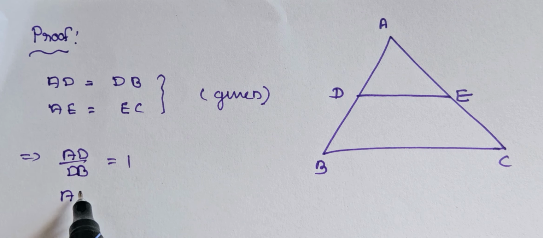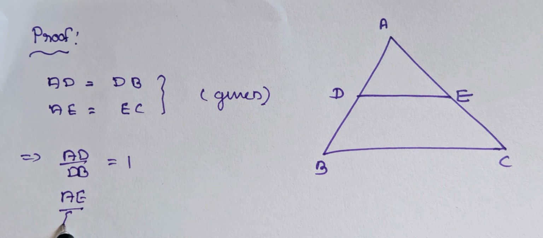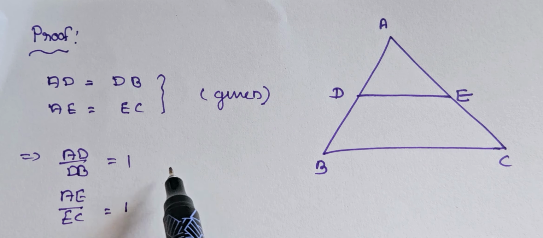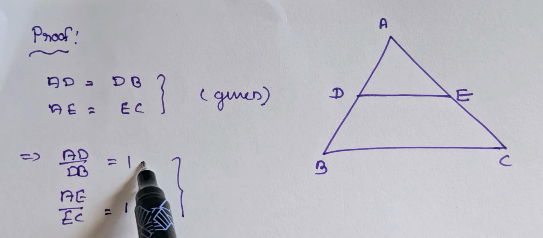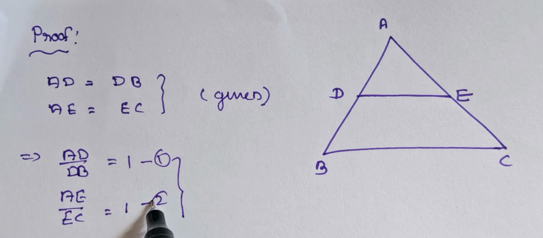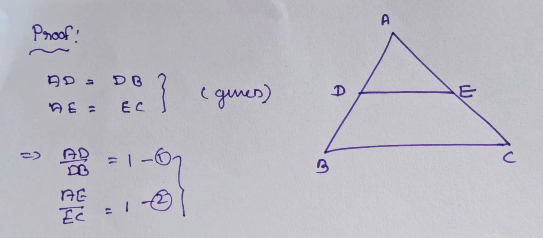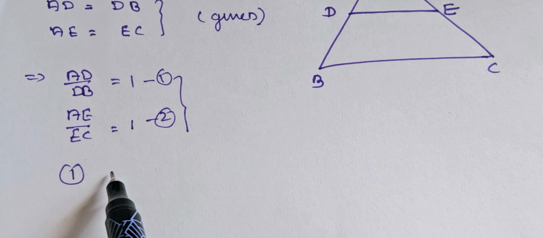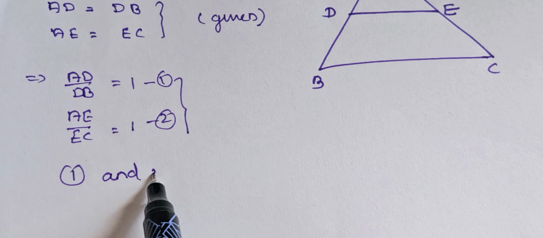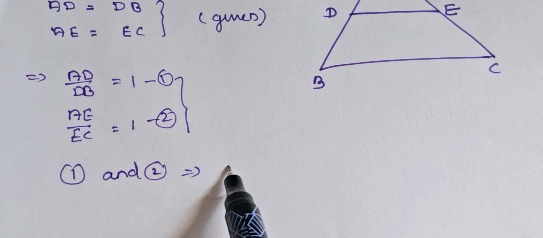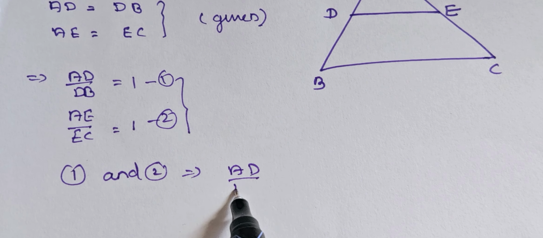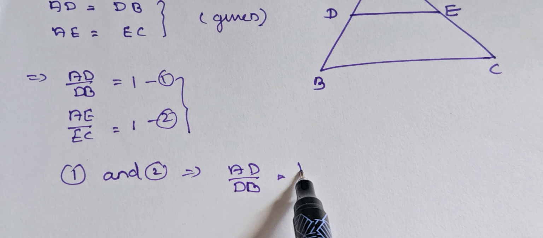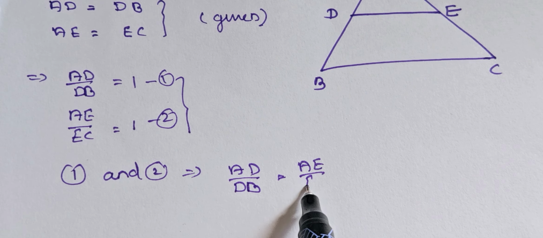AE equal to EC gives AE by EC equal to 1. Number these equations as 1 and 2 respectively. Now from 1 and 2, since RHS are equal, LHS should also be equal. Therefore from 1 and 2 we get AD by DB equal to AE divided by EC.